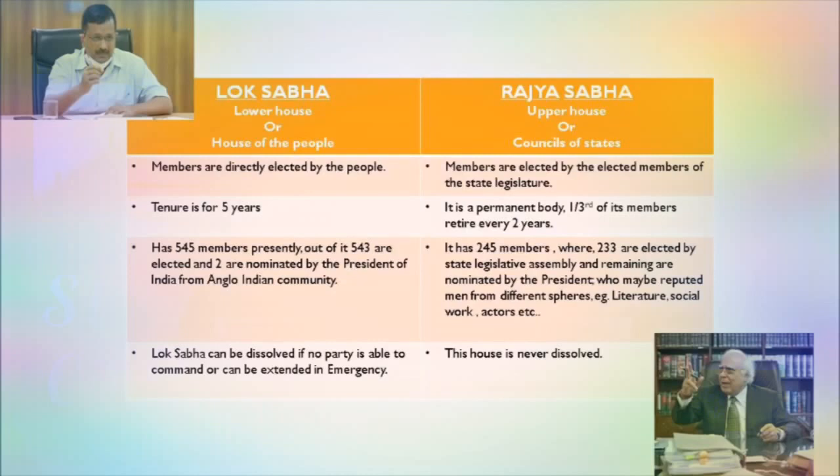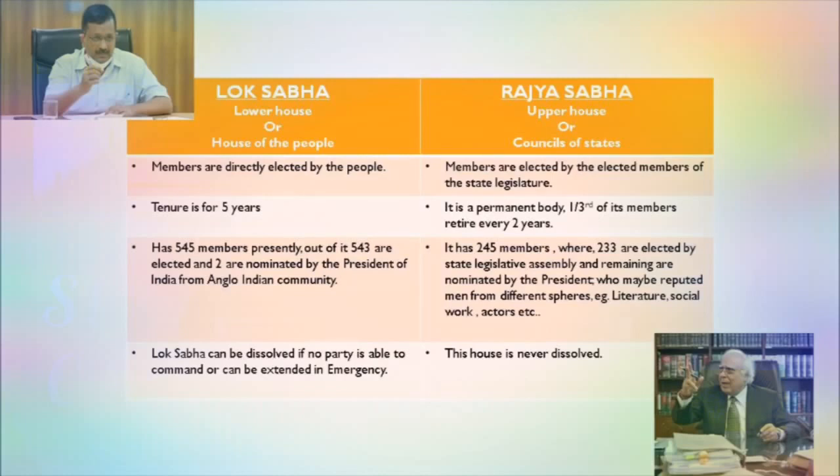They are a permanent body, but one third of its members retire every 2 years, making a continuous flow of outgoing and incoming members after every 2 years. The members' tenure is 6 years.